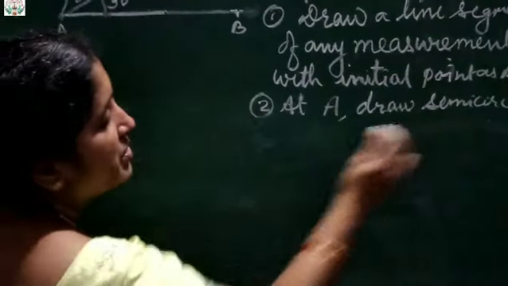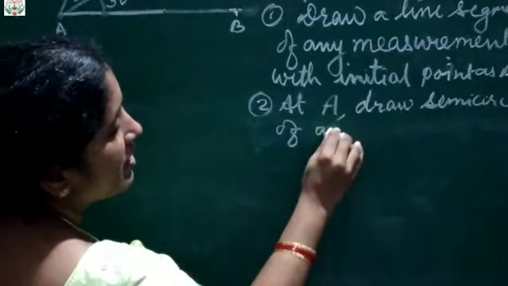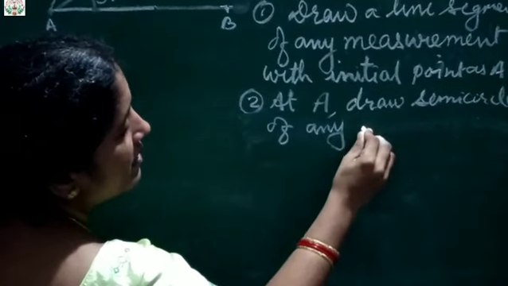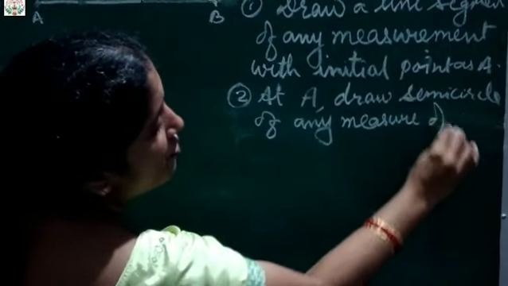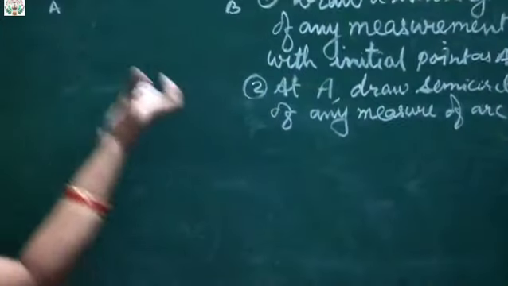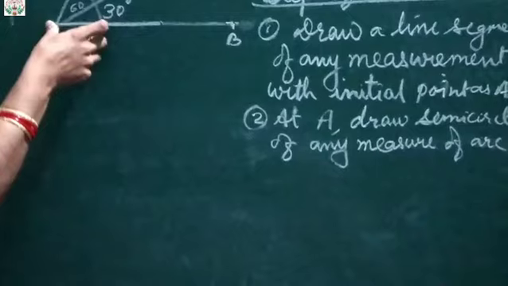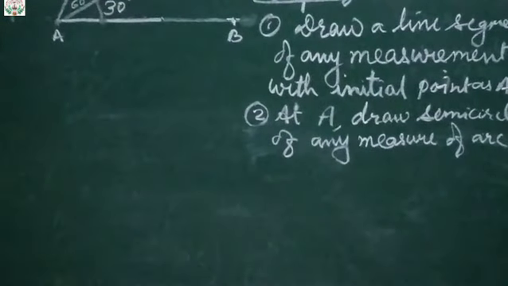Draw a semicircle of any measurement, any measure of arc. Means you can take 1 centimeter or 2 centimeters and draw a semicircle.